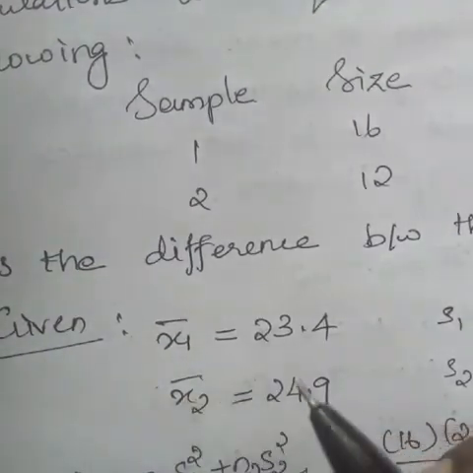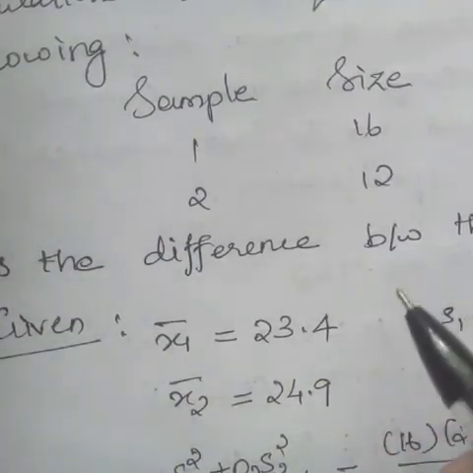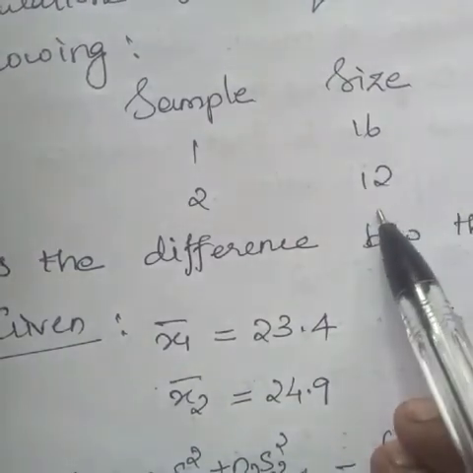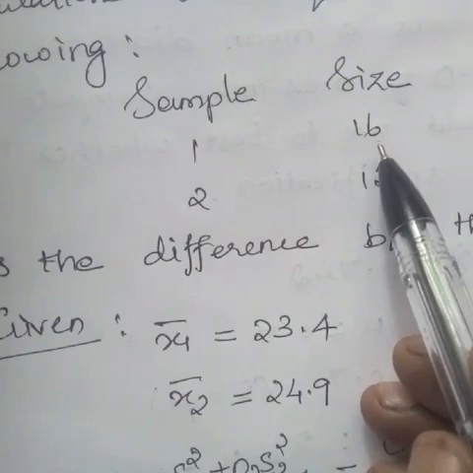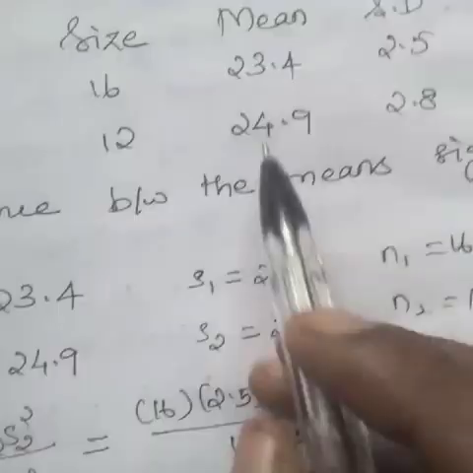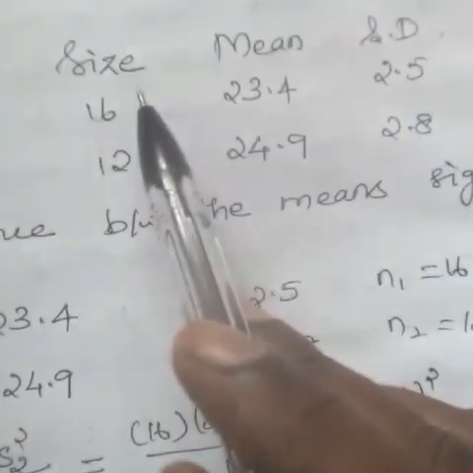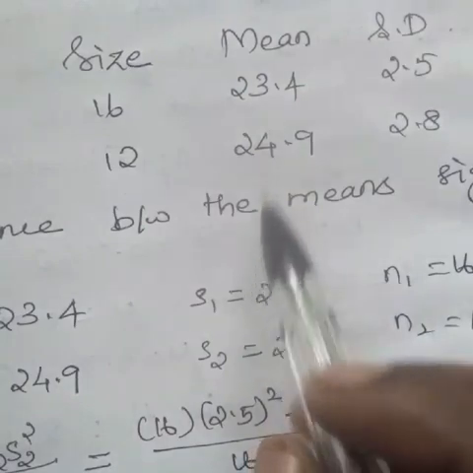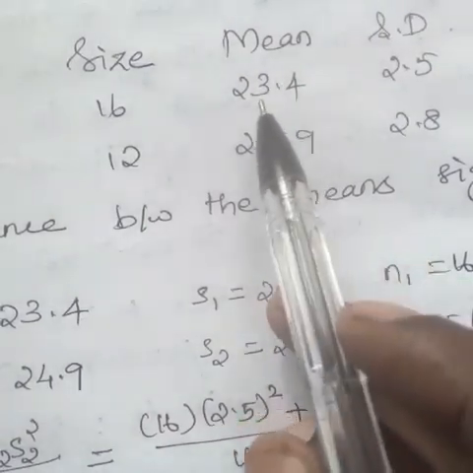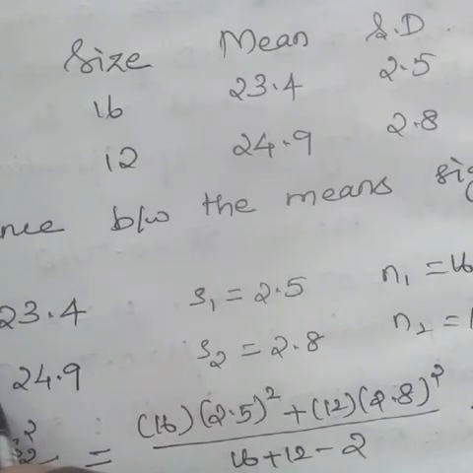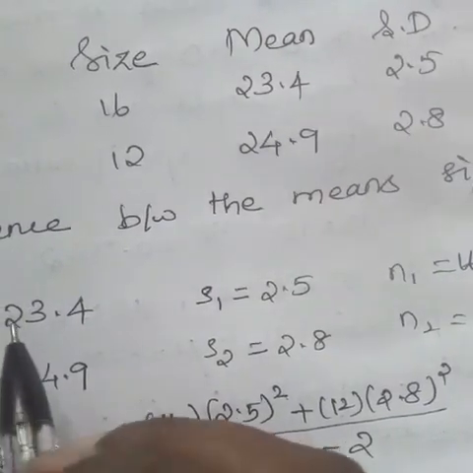So first we have the data, two sample sizes n1 and n2. So let us take n1 is equal to 16 and n2 is equal to 12. The next, mean: x bar, y bar, or x1 bar, x2 bar. This is the sample mean, and population mean we have the symbol mu.